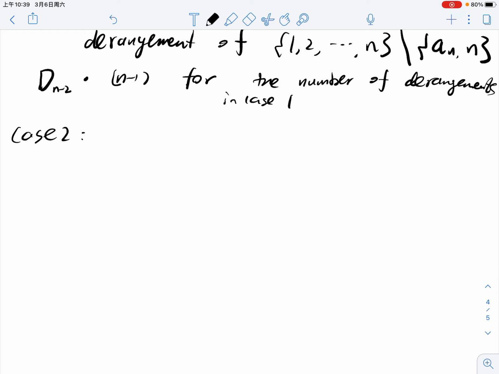And then for case 2, you consider a more complicated one. Suppose an is mapped to k, and here bn is mapped to n. Okay, so you don't have a permutation of a and n.